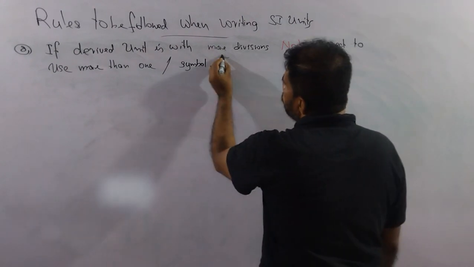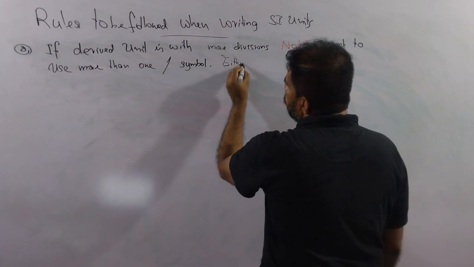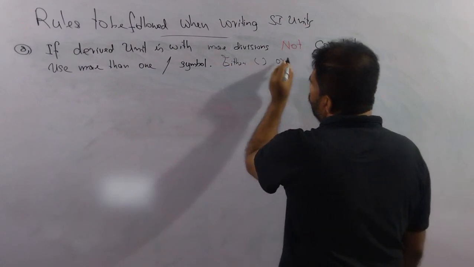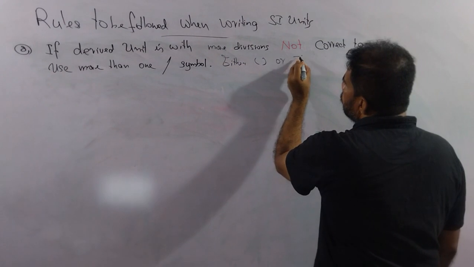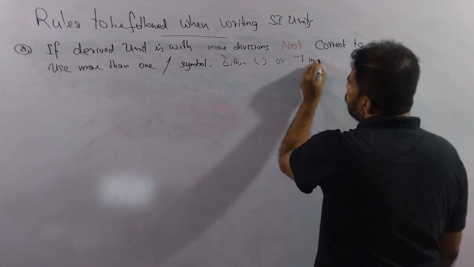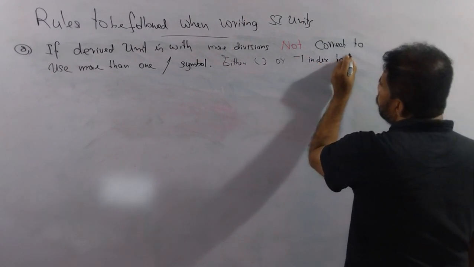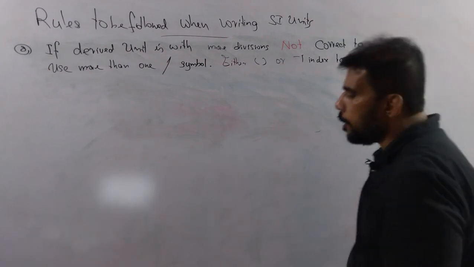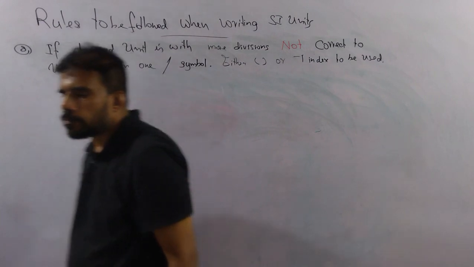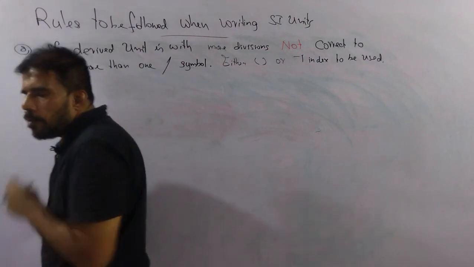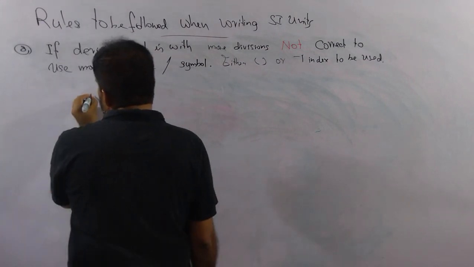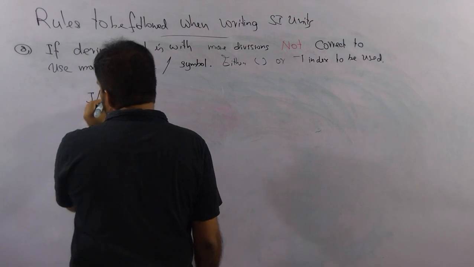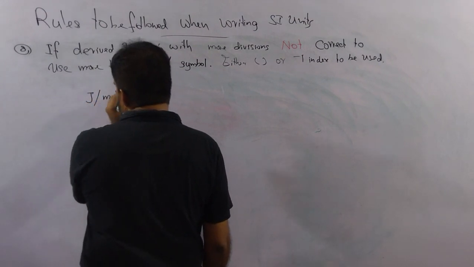Either brackets or minus index is to be used. I'll explain what that means. For example, joules per mole per Kelvin.